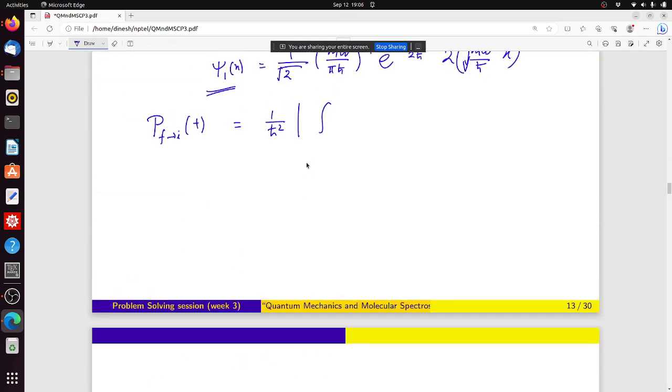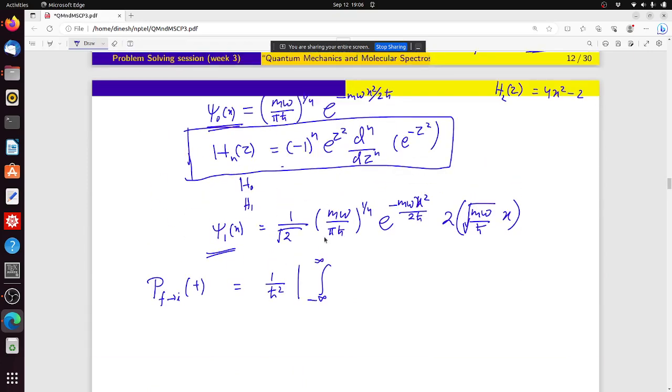So I can take minus infinity to plus infinity, then e to the power i omega fi t, then this psi 1 of x, H prime of t, psi 0 of x, then mod square, of course dt.